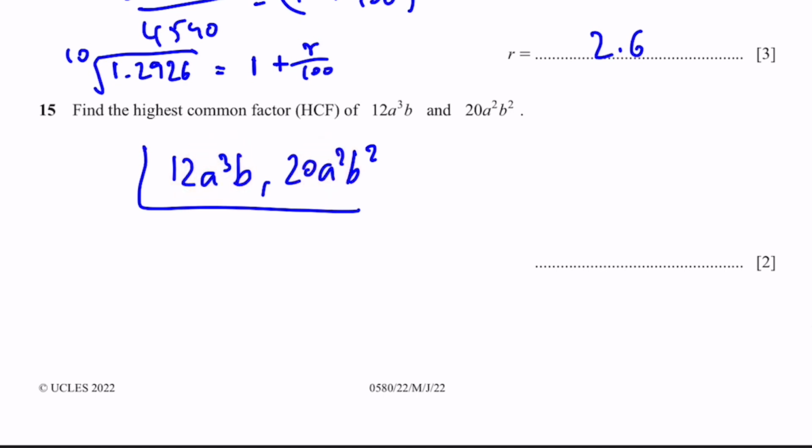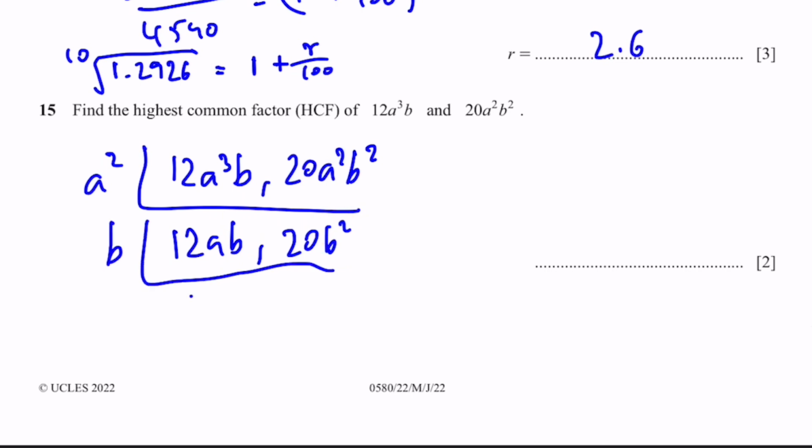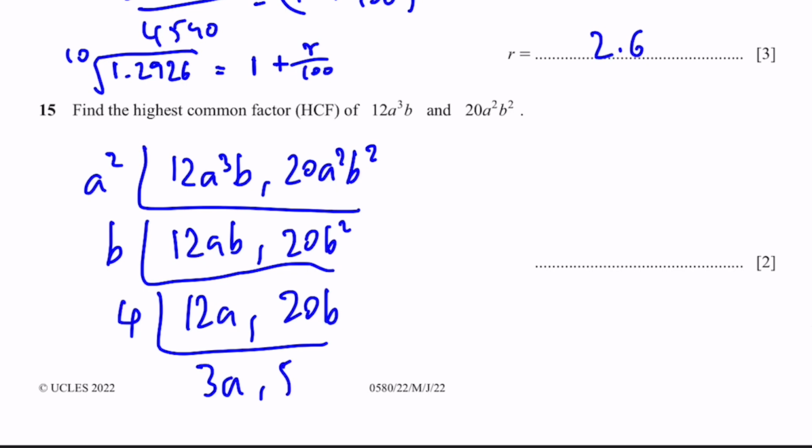In common there will be a squared, and this will be 12a, b and 20, b squared when we cancel it out. Now let's see the b's. There's 1 b in common, so we can make it like this: b, 12a, 20b. Now we still have a number which is 4. That'll be 3a, 5b. We cannot simplify it any further, so this is the final one.